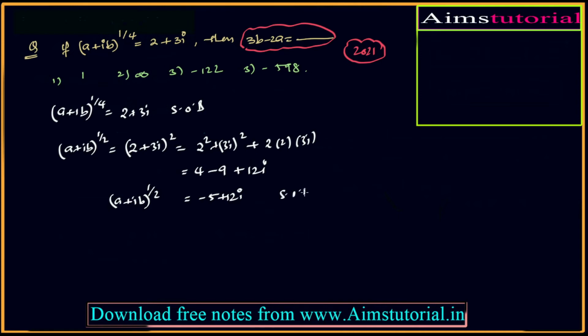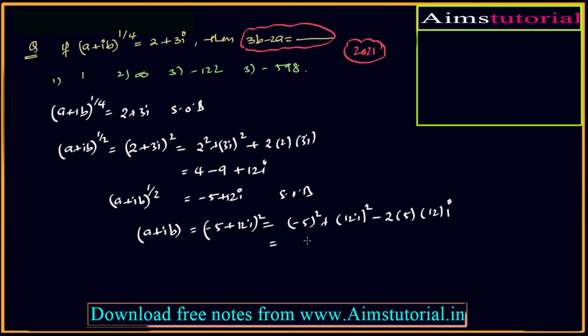Again squaring on both sides. Now a plus ib will remain, and (minus 5 plus 12i) whole square is minus 5 whole square plus 12i whole square, minus 2 times 5 times 12i.